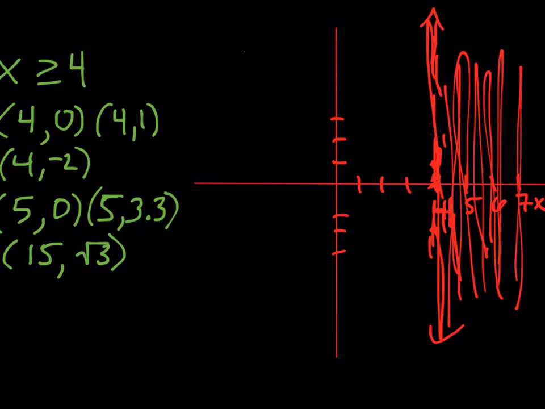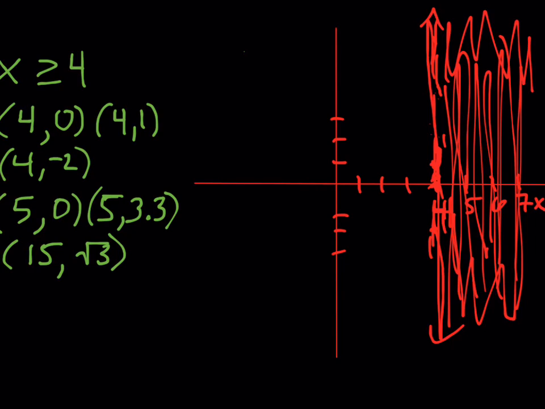So basically what I end up with is a coordinate plane that's been divided into two regions by this inequality. So if it was just x equals 4, that's kind of this dividing boundary line. And then I end up with half of the coordinate plane shaded, either one side or the other of that line. So all inequalities look like this. There's going to be some sort of a boundary line and then shading to one side or the other.